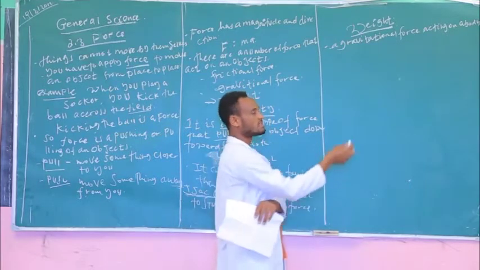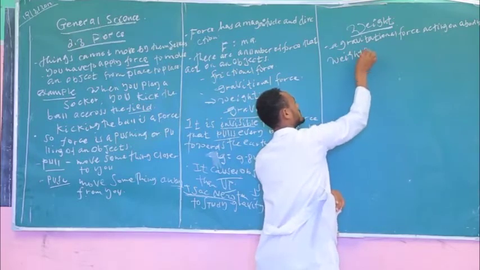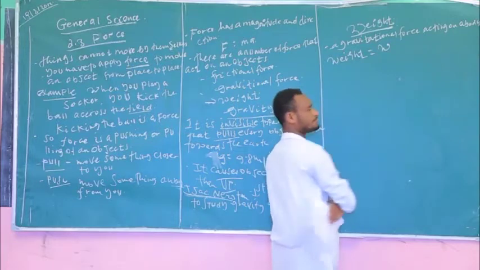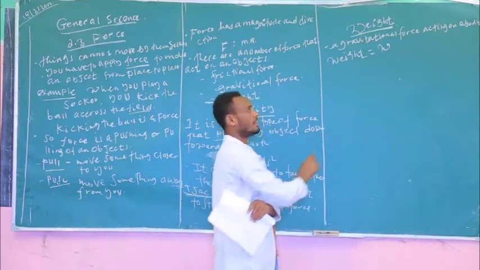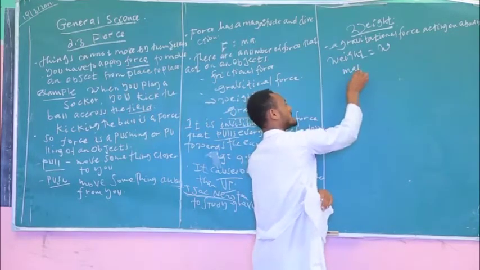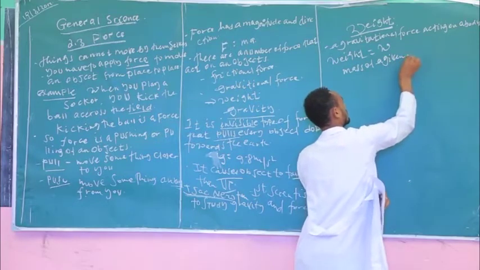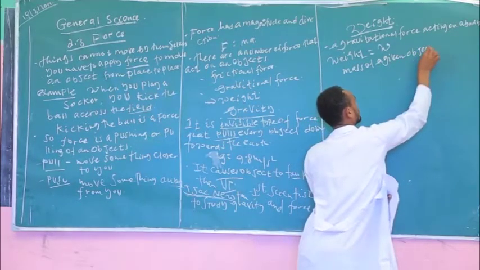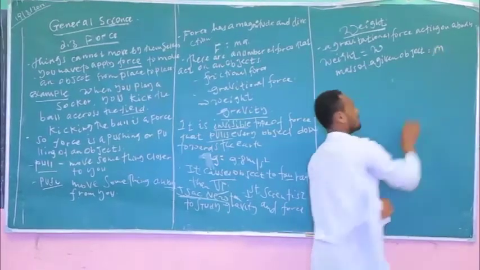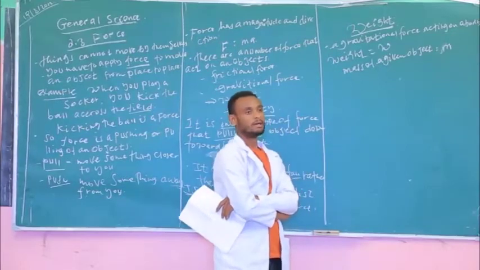Students, weight is represented by W. Here there is the mass of a given object, which is represented by a small m. Good.